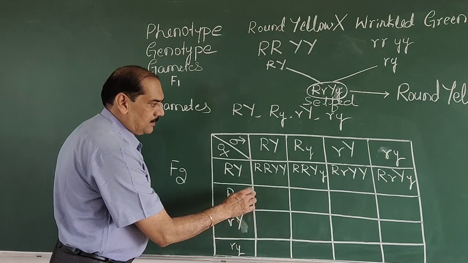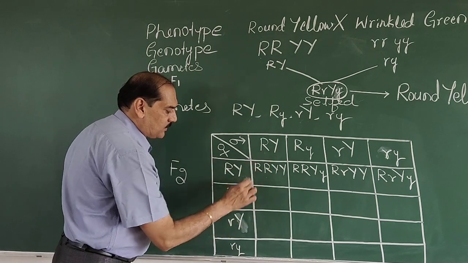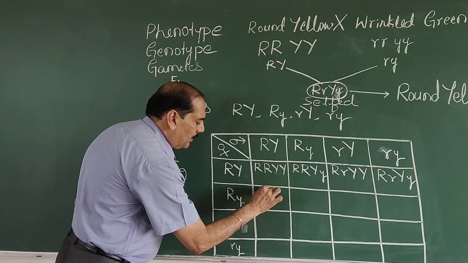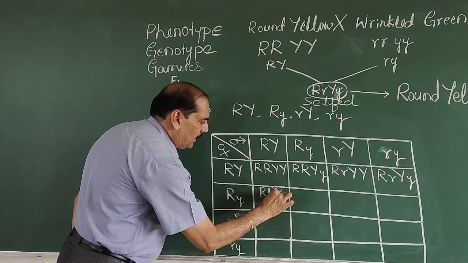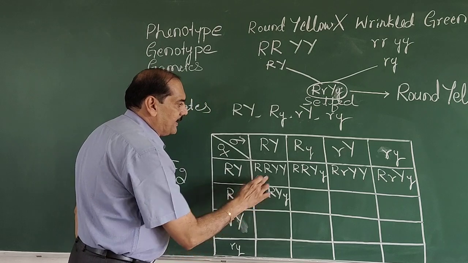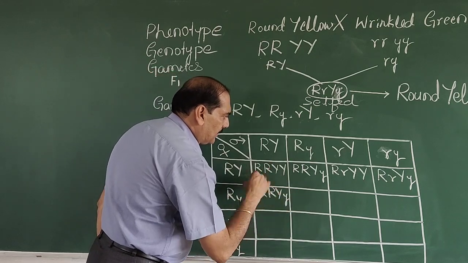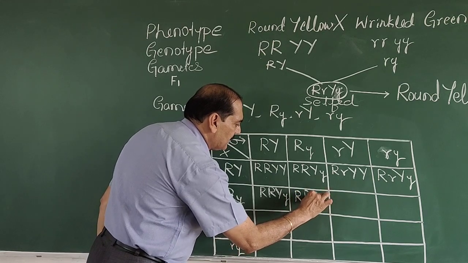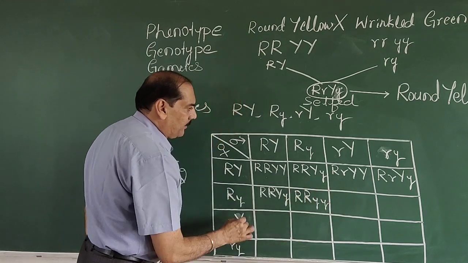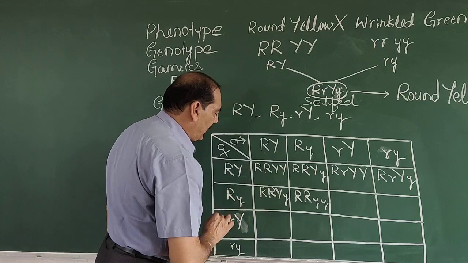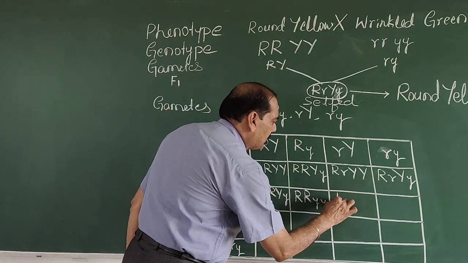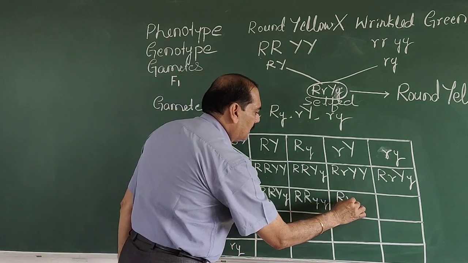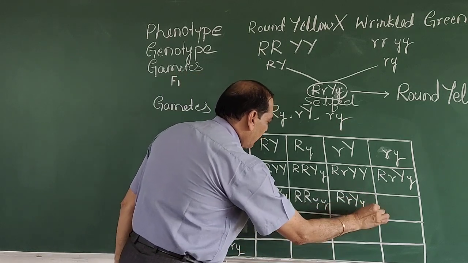Next, when these 2 gametes fused, we have to write genotypes in this box: capital R, capital Y, small y. When these 2 gametes fused, the genotype obtained, we write here capital R, small y. When these 2 gametes fused, we write the genotypes here: capital R, capital Y, small y.